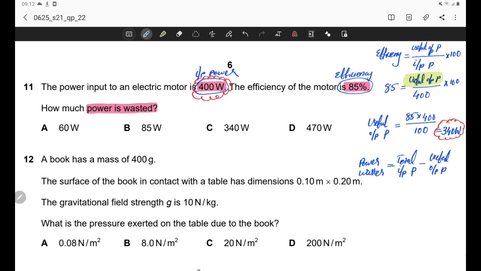That means we need to subtract the useful output power from the total input power. So we have 400 as the total input power given to the motor. Out of this, only 340 watt is consumed for useful work. So the remaining power that will be wasted is 60 watt. Therefore, the correct answer is option A.